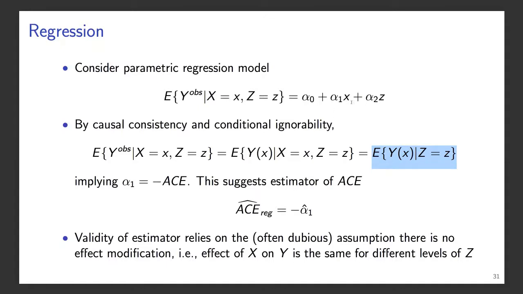Because there's no interaction term, you can again interpret the regression coefficient on X as the causal effect. This suggests that if we want to estimate the causal effect in an observational study, we run this regression model and read off the estimated coefficient of treatment as an estimator of the causal effect.